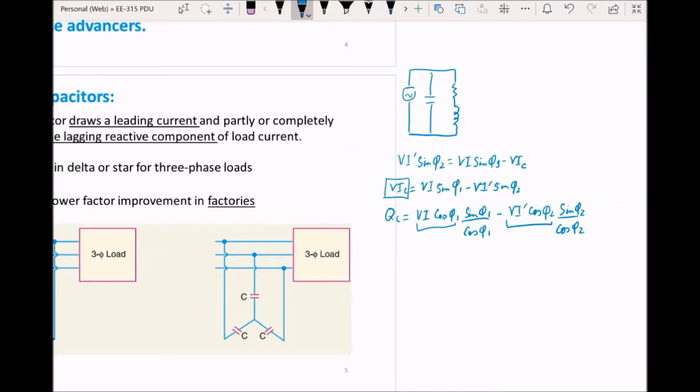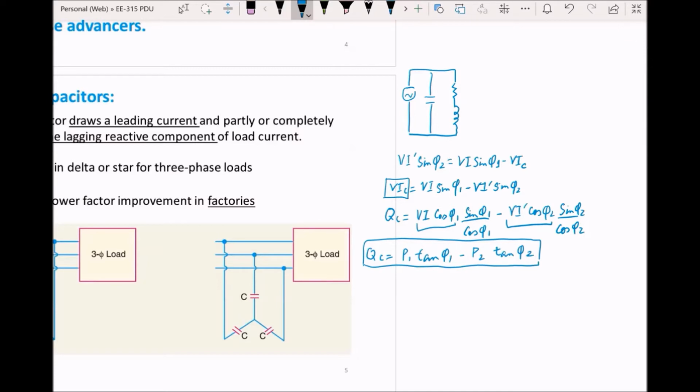So Q_C can be written as P1 tan phi 1 minus P2 tan phi 2. Okay, so we have derived this expression, and we'll be using it in the upcoming slides.